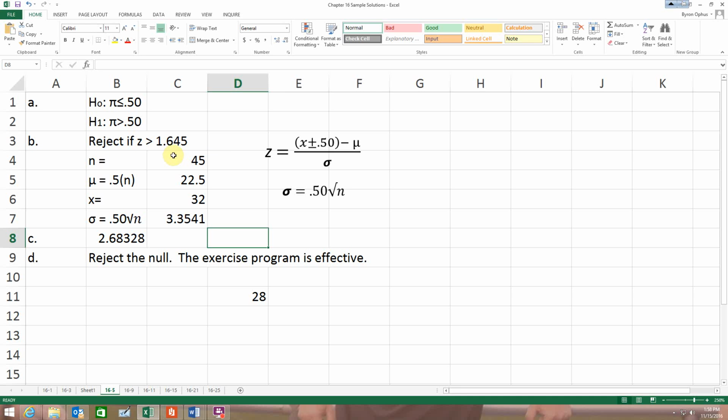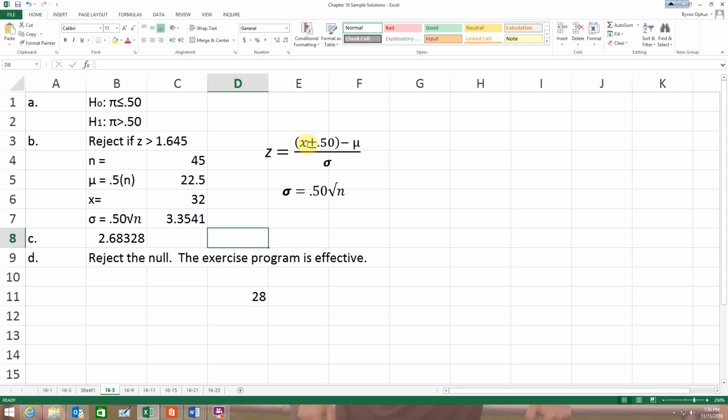I have to figure out if my x is greater than my mu. If my x is greater than my mu, I use the minus, so it's x minus 0.5.